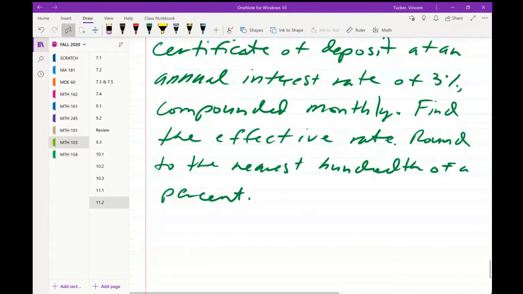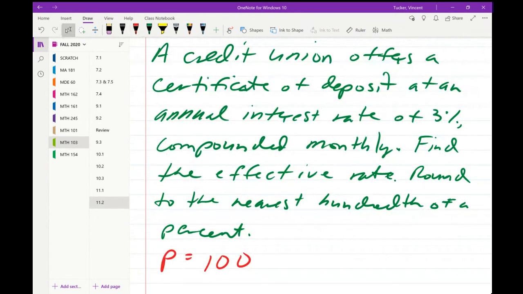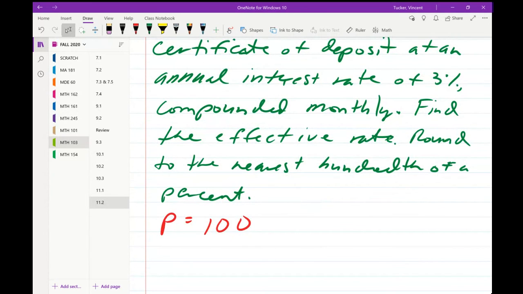All right, so we consider $100 after 1 year. In one of the previous examples, when they explained it, they said consider a $100 deposit. So what we'll do is consider $100 and deposit that.